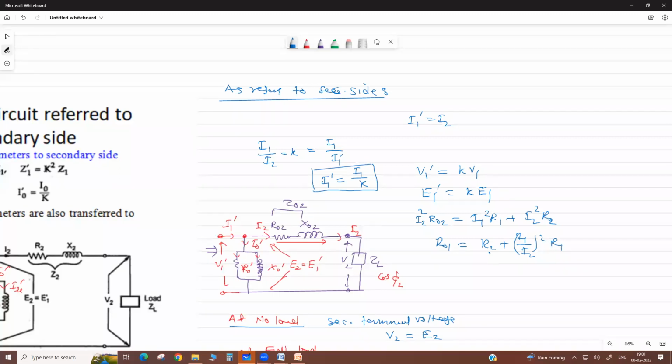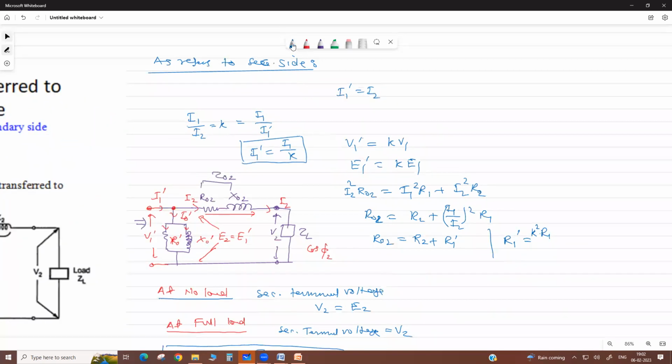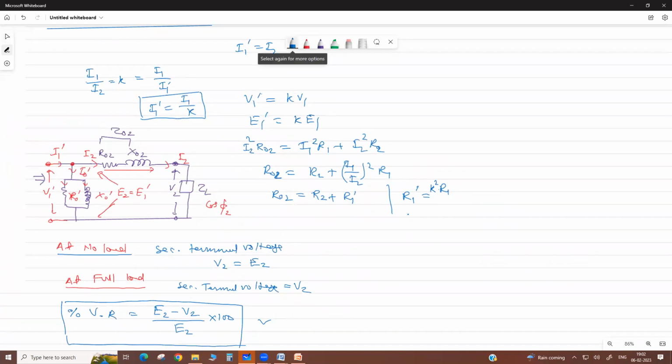This is K, your turns ratio. So R02 equals R2 plus R1 dash, and R1 dash equals K squared R1. So your resistance, reactance, impedance are multiplied by K squared.